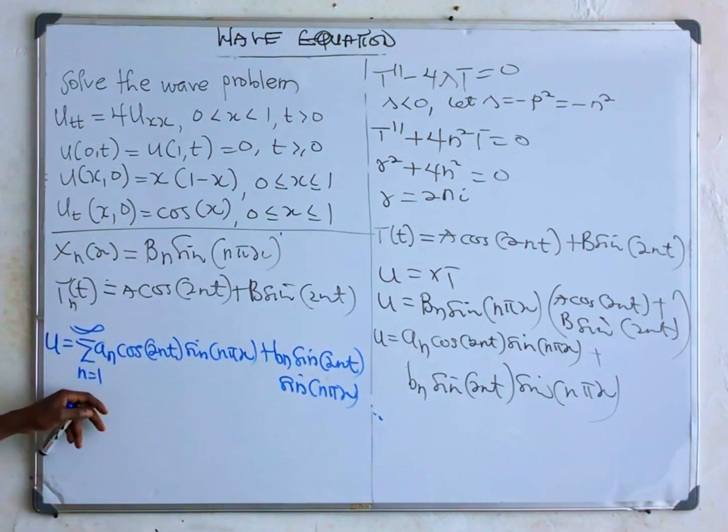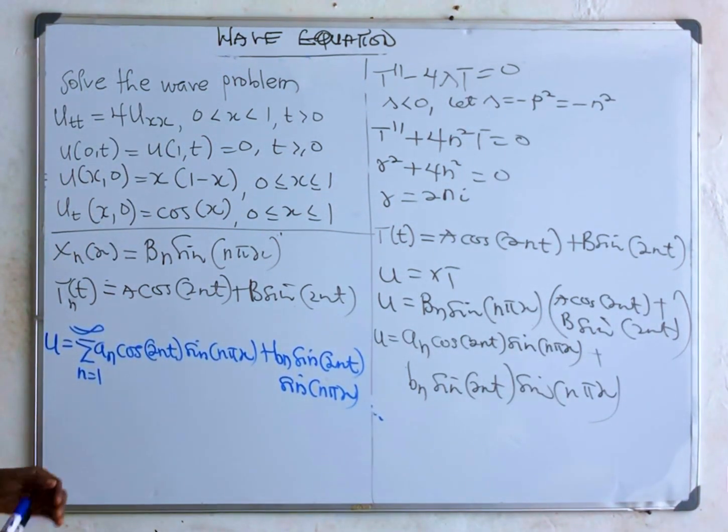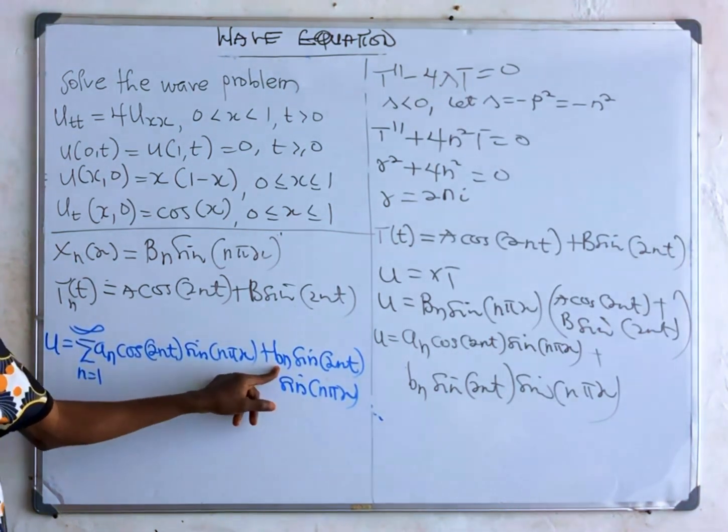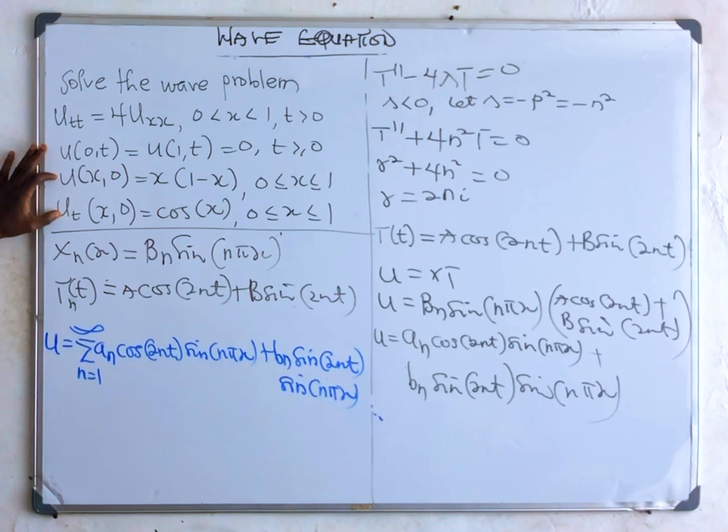So this is what I have for my u. I need to find An, then also Bn. And that will bring us to the initial conditions, the two of them.